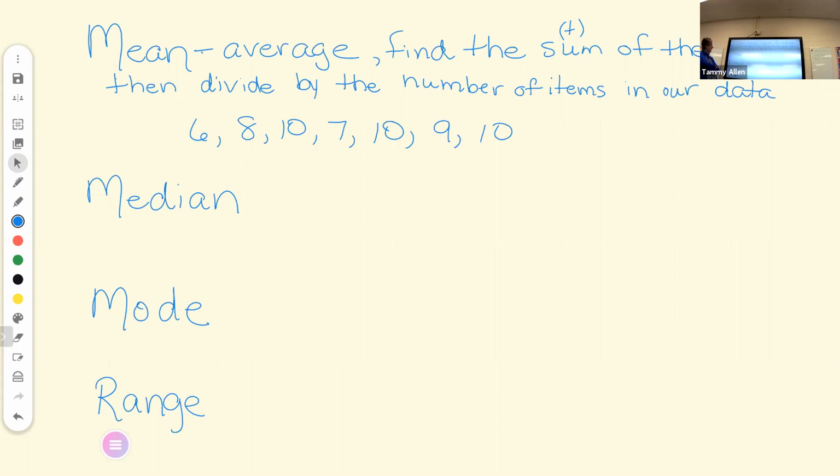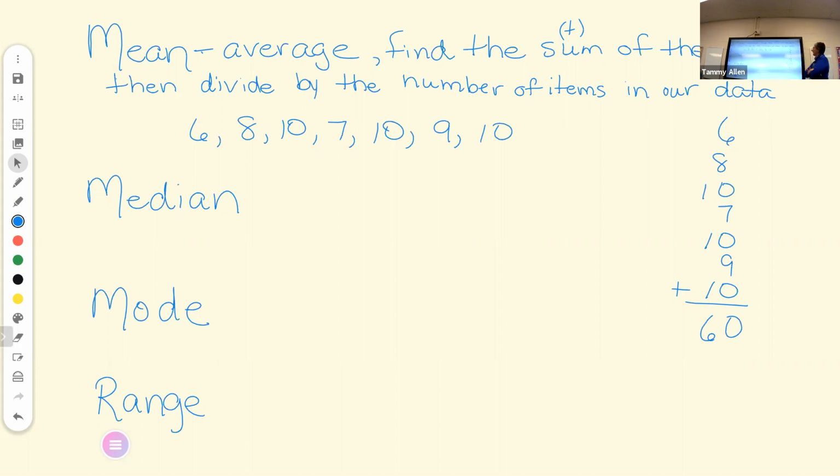To find the mean, we need to add them all up. What did you do when you added them up? Ooh, so close. 60.